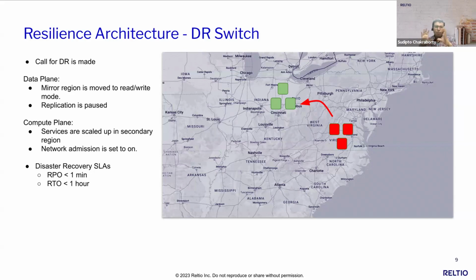Once these steps are done, your tenant is now running from the secondary region. The failover activity is complete. We are within our RTO target, which is under 1 hour, often much faster depending on the scenario. And the RPO of less than 1 minute is maintained because of that continuous replication up until the failover.